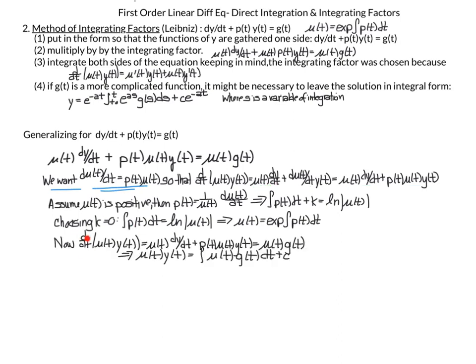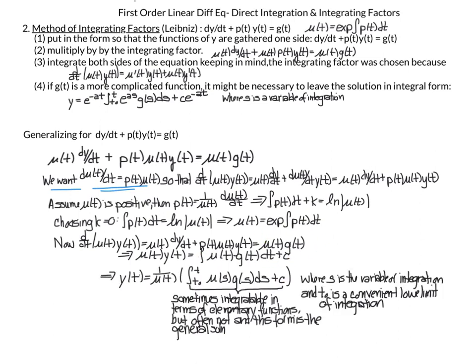And the key, again, is when you take the derivative of mu of t y of t, you want it to equal this function here on the left, your original differential equation multiplied by mu, and that will give you, when you integrate both sides, mu of t y of t equal to the integral of the right-hand side. And then dividing both sides by mu of t, this is the form of your solutions.